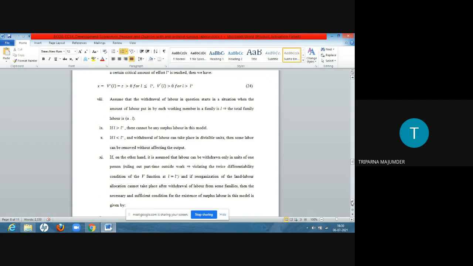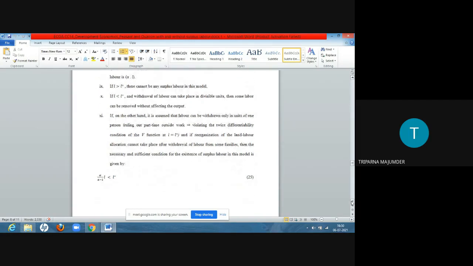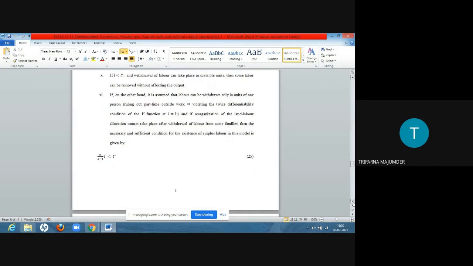And if reorganization of land labor allocation cannot take place after withdrawal of labor from some families, then the necessary and sufficient condition for existence of surplus labor becomes alpha by alpha minus 1, L is less than L star. So here we cannot withdraw labor in divisible units.